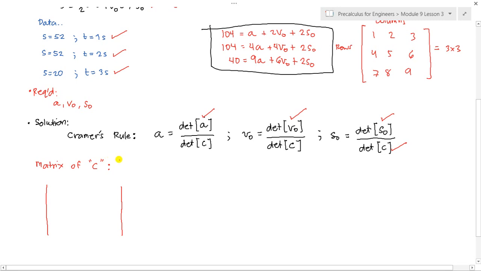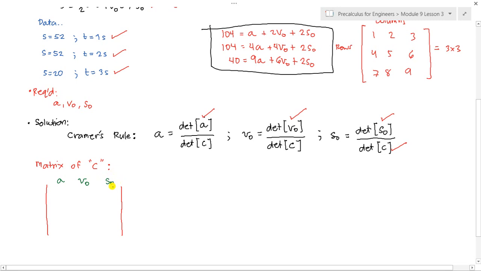So what is the coefficient matrix? It is better, especially if you are new, that we start with the coefficient matrix C. To determine the coefficient matrix C, arrange it such that the first column is the coefficient for the acceleration, that is A, the second column is for V naught, and the third column is for S naught.